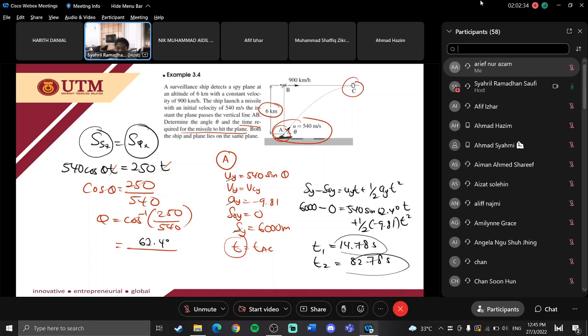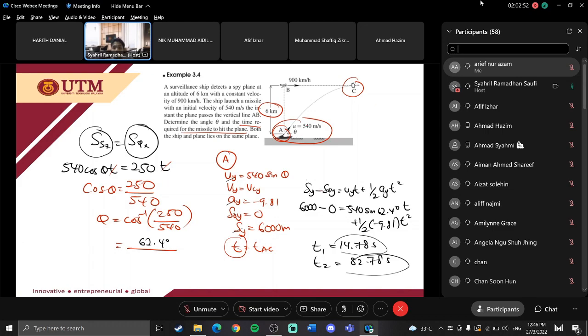What is the time that you need to choose? Like I mentioned, if the time is past the maximum height, then you choose the highest time. If the time is less than the maximum height, then you choose the lowest time.